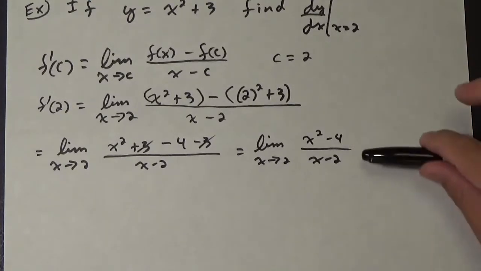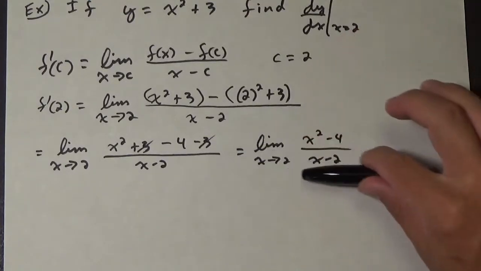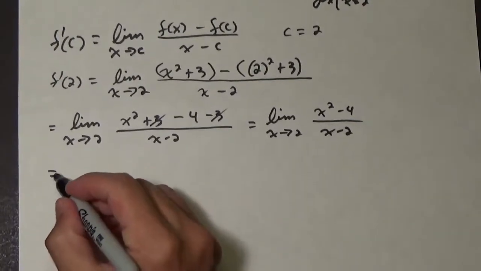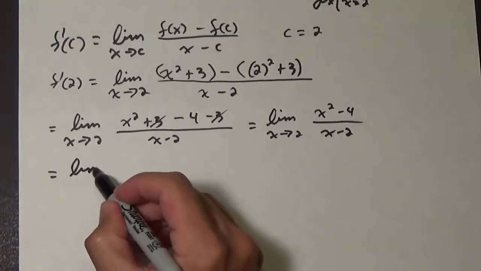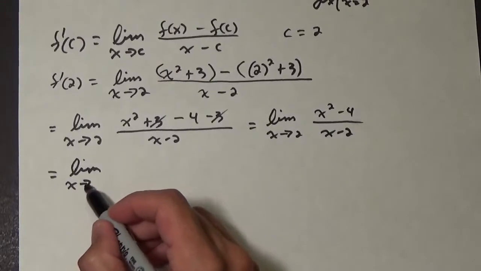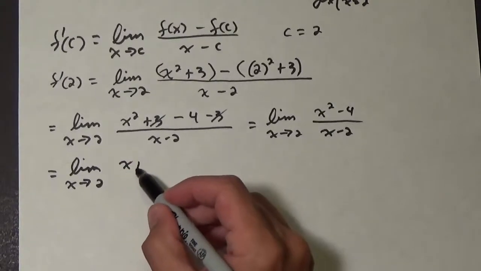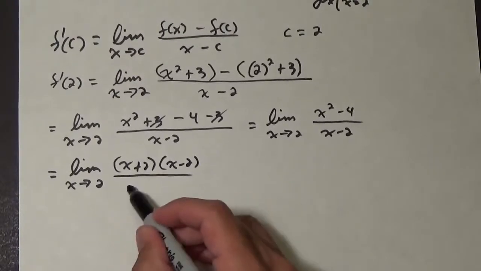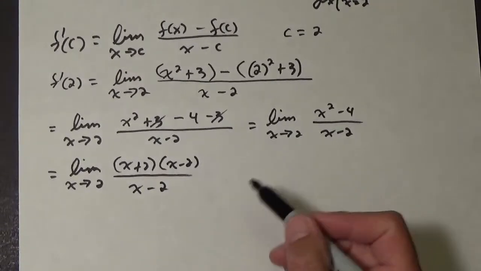This one, quickly, I hope everybody saw that, oh hey, we can factor the numerator, so we should be able to cancel out a common factor. So we're going to end up with the limit as x approaches 2 of x plus 2 times x minus 2 all over x minus 2.